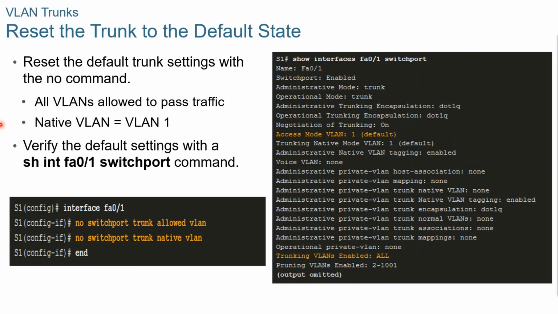The example shows the commands used to reset all trunking characteristics of a trunking interface to the default setting: interface Fa0/1, no switchport trunk allowed vlan, and no switchport trunk native vlan. The show interfaces Fa0/1 switchport command reveals that the trunk has been reconfigured to the default state. You will see here access mode VLAN 1 default, trunking VLANs enabled all. That means it is already in the default state.